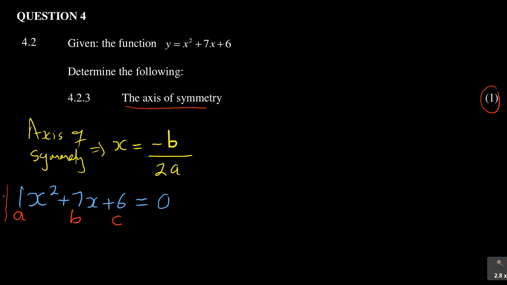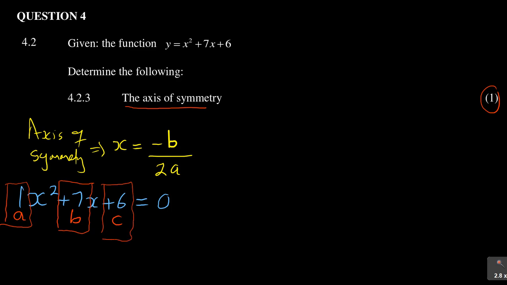So if you look again carefully, that represents our a, and we're looking at the coefficients, the numbers before the x squared and the x. So b is plus 7, and then the c is like that.